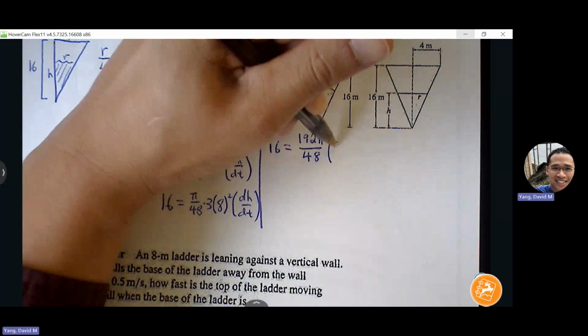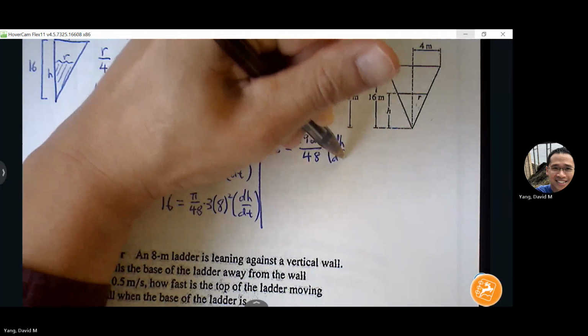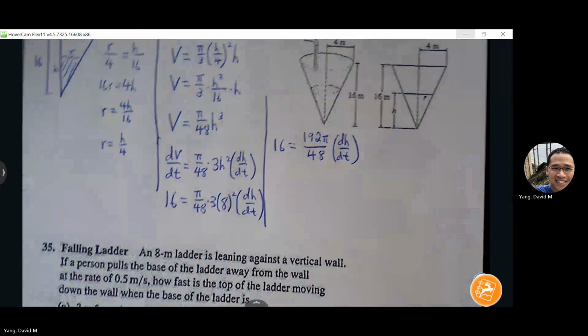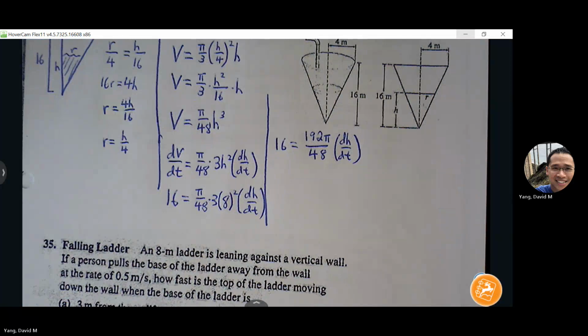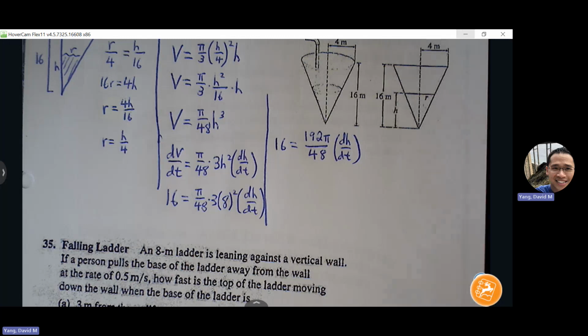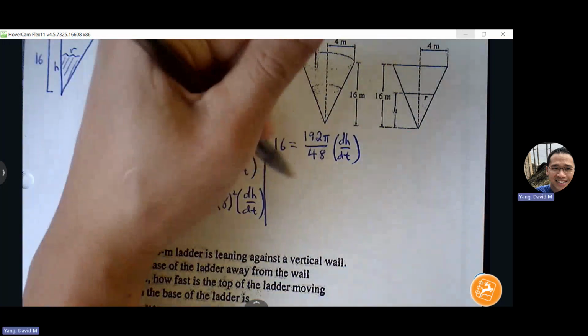You say 192? Okay. And you've got to bring it over, so instead of dividing it, you bring it over, but you multiply it. Yeah, reciprocal. Feels easier than having to do a complex fraction, right?